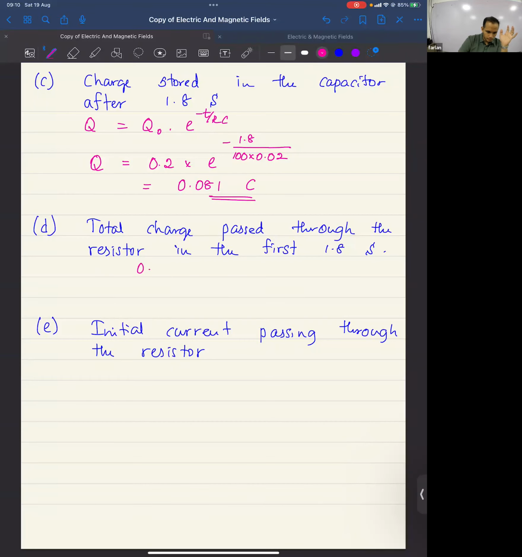Originally. After 1.8 seconds, the charge remaining in the capacitor is 0.081 coulombs. So the difference is the charge which is released by the capacitor, right? In the first 1.8 seconds.